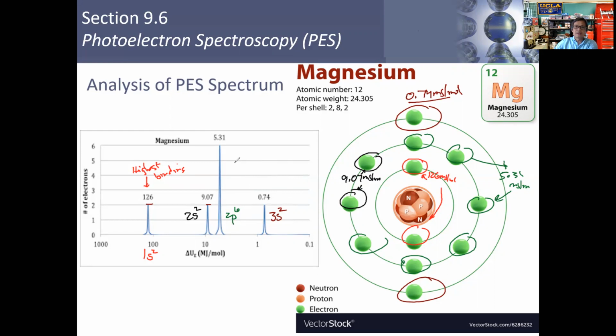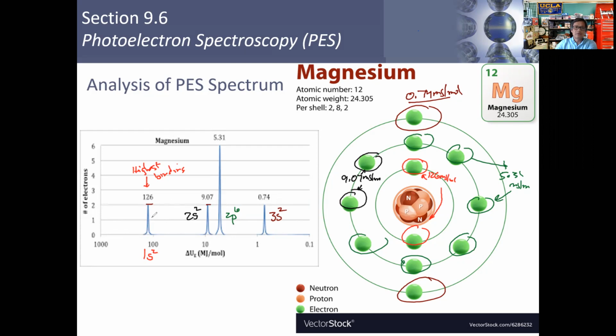All right, so with that said, we see that there are four main peaks that show up in this spectrum. If you notice on the spectrum itself, we have the number of electrons listed on the y-axis, and the energy in megajoules, though the energy could be in electron volts or other units. The energy is listed along the x-axis, with energy decreasing as you go towards the right.